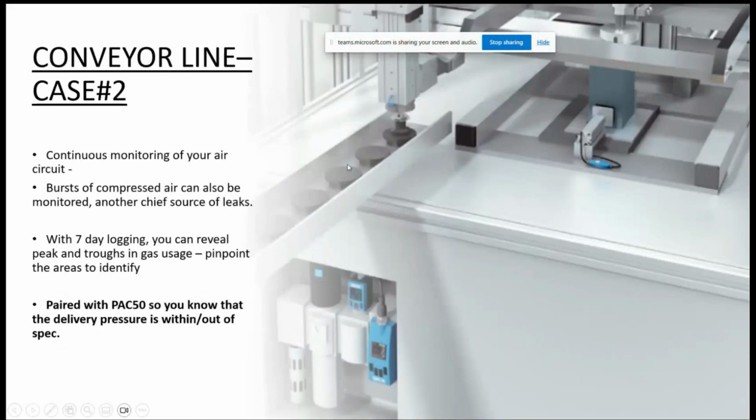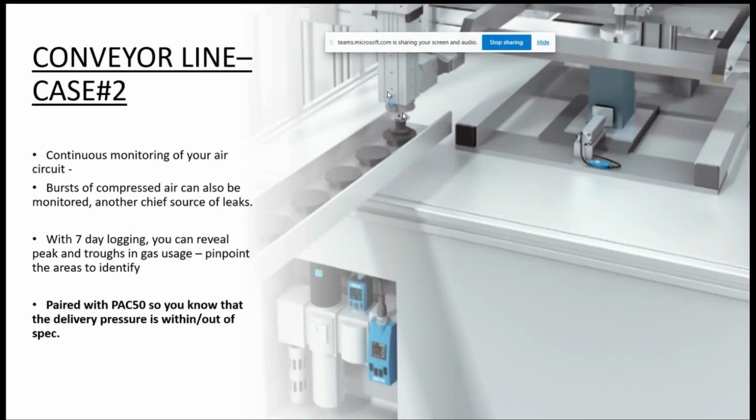See a familiar face here as well. So, I beg your pardon, case two is a conveyor line. You can see this arm moving up and down with supply. Imagine it's hovering on bursts of compressed air. The more bursts you have here, the more liable that line and machine is to be subject to a lot more vibrations, a lot more looseness, and a lot more leakage as well.